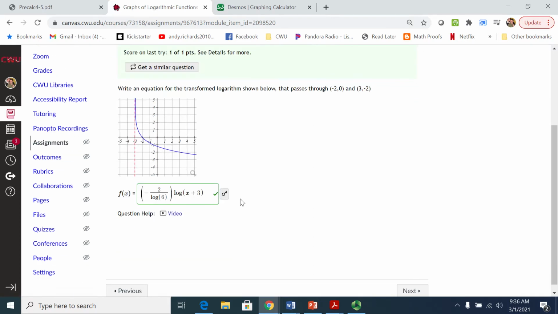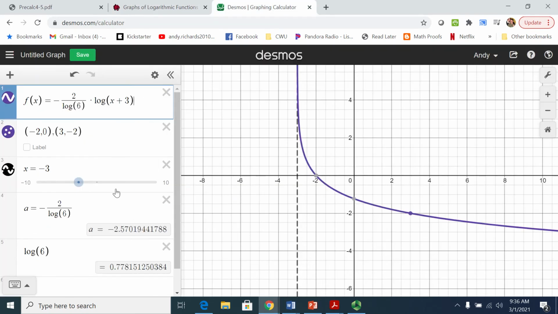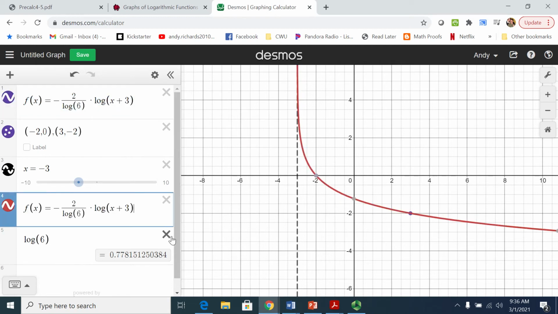Right? Now one final point, if we click on this, notice that I get the exact answer that I have here. But notice that it says negative 2 log base 6 of x plus 3. And this looks pretty nice. So what I'd like to do, right, you have enough to complete the problem as it is, but I'd like to talk about why it is that it has such a nicer answer compared to what I had written there.